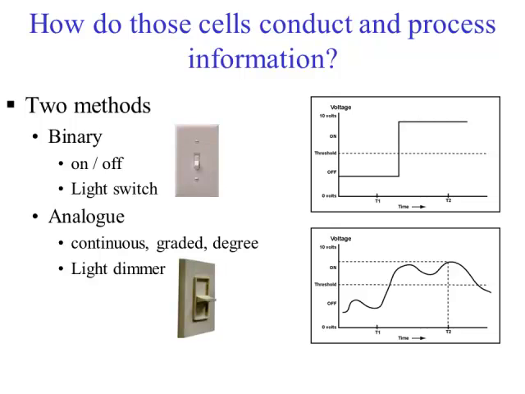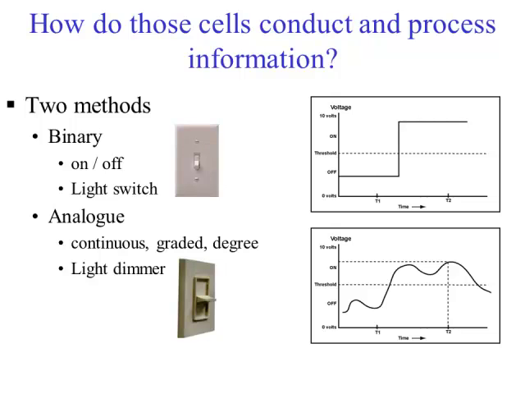On the other hand, we can have analog systems. In analog systems, this is a continuous or graded, there's degrees to it. So you have states in between simply being on or off. There's a space in between.